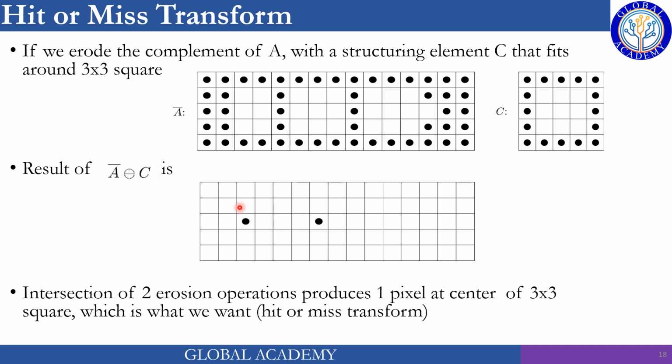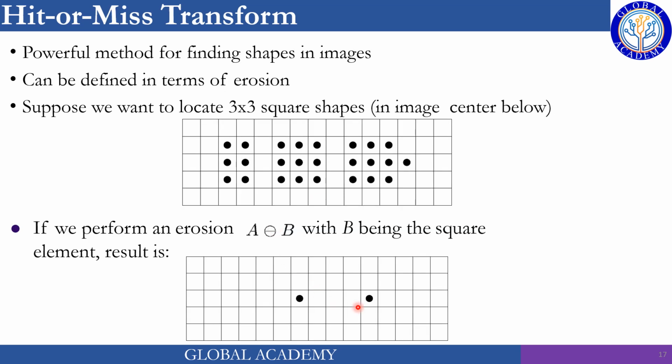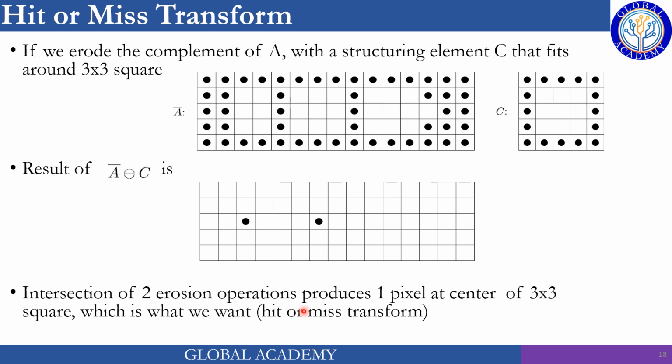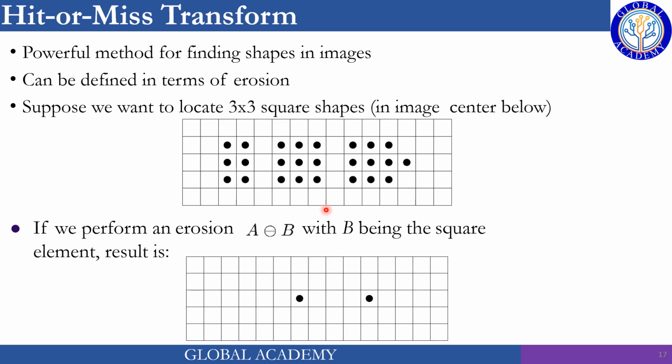Then we have this output and this output, and this dot is common, by the way. This dot is common. So after taking the intersection of both, we will get definitely this dot only. It means a perfect 3 by 3 square, which is an isolated one.